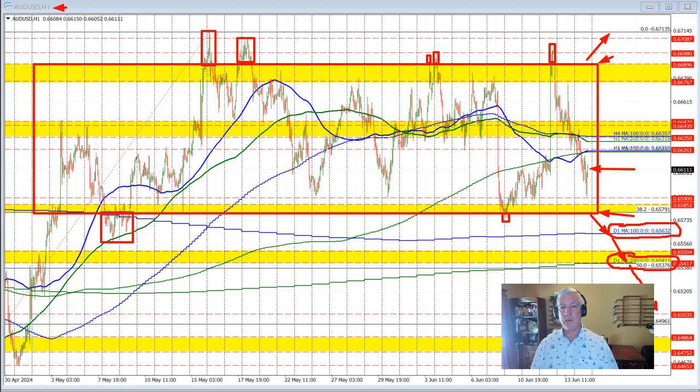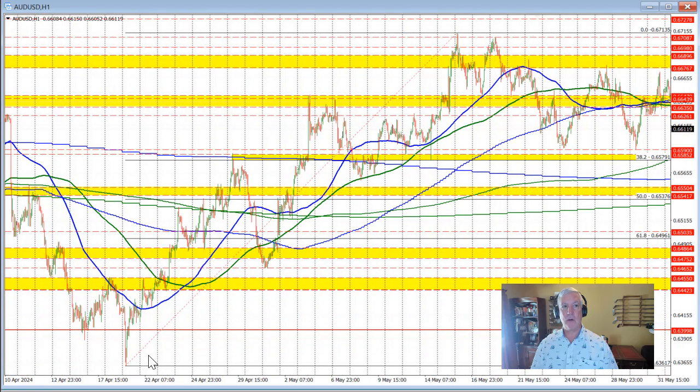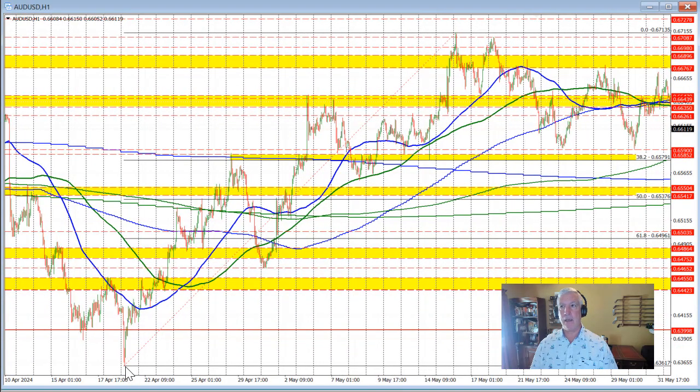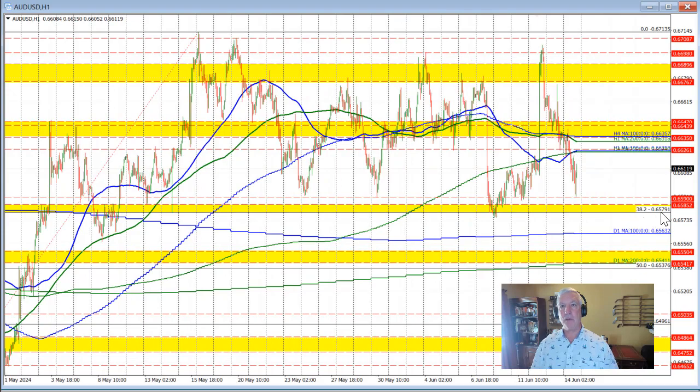By the way, also in play is this 38.2% retracement level. Where does that level come from? Well, if I take all that stuff off and go back to this low right here back on April 19th and put a Fibonacci up to the high price that we saw here in May, the 38.2% comes in at 0.6579. And note that when the price was moving to the downside here, we broke below that 38.2% retracement right here on two different occasions.